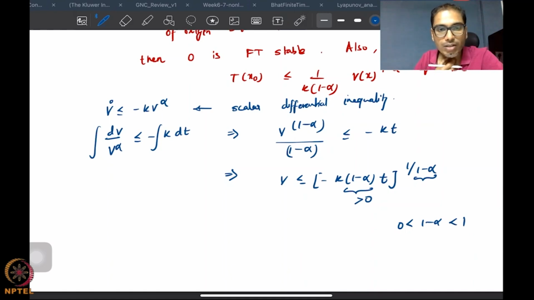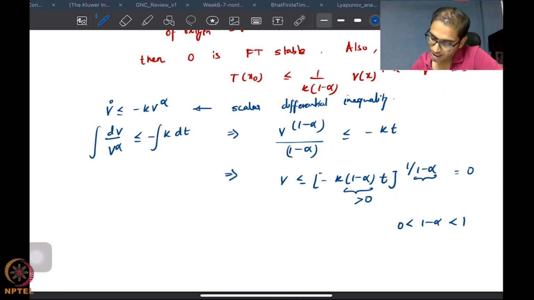Okay, and now if I try to equate this quantity to 0, what happens? All right, so I see that the expression here has been given in terms of V itself.